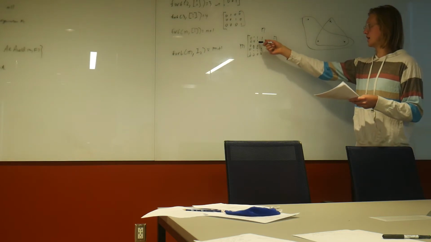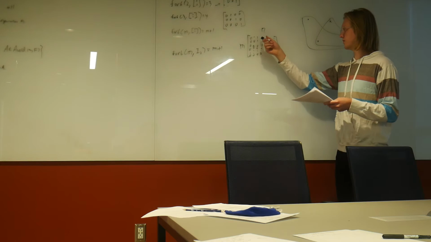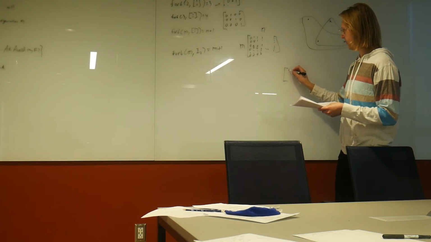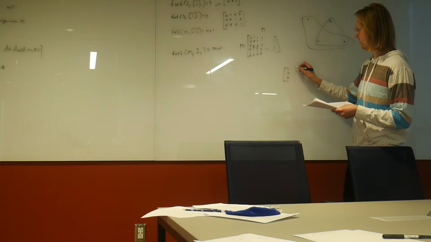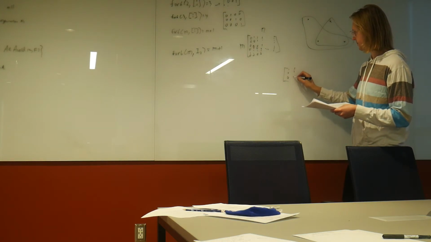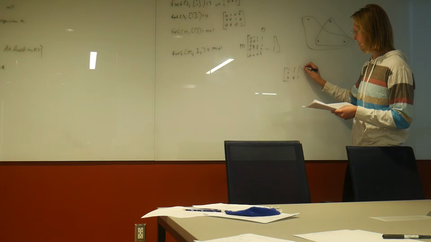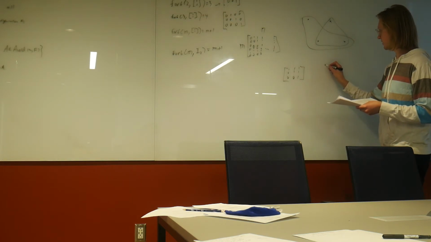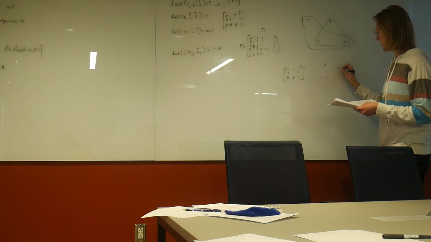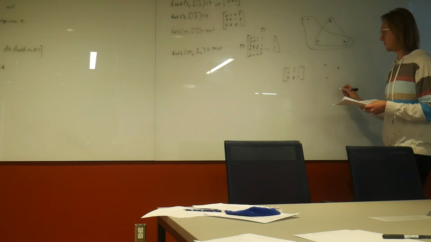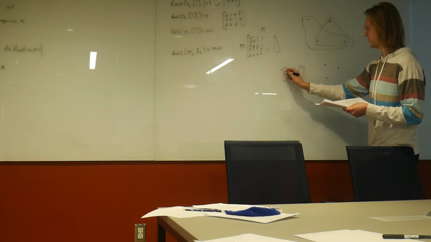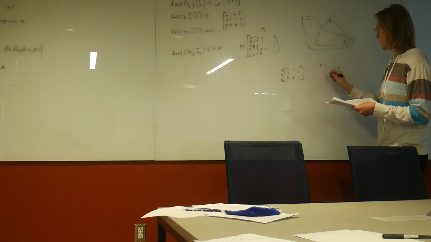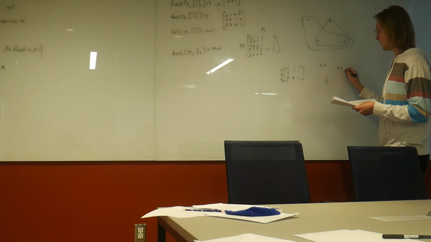So maybe I'll make an example for how a matrix would connect to a hypergraph. If, for example, we had something like this, a 3-row matrix that looks like this, then we have 3 vertices because we have 3 rows. Maybe we'll label them V1, V2, and V3.